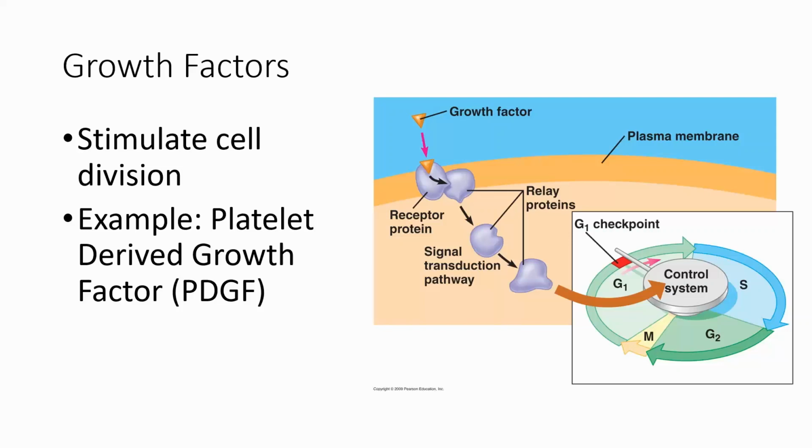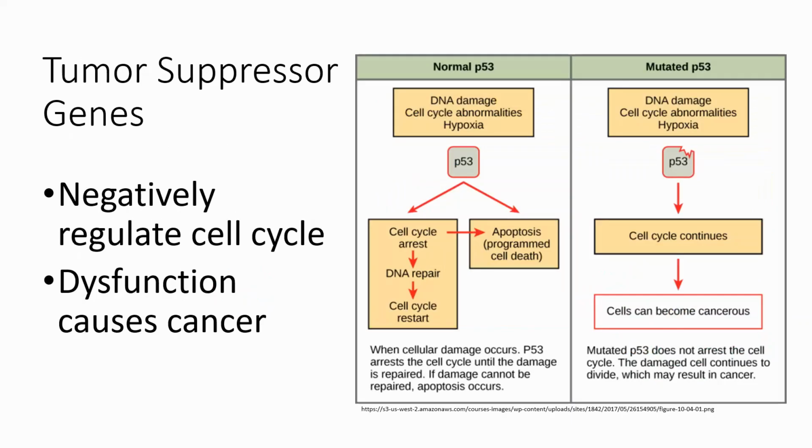A lot of these are abbreviated with something ending in GF, which stands for growth factor. For example, PDGF is platelet-derived growth factor. You don't need to know where it got its name or what it is. You just need to know that since it's a growth factor, it's going to promote prepping for mitosis, because it promotes cell division happening.